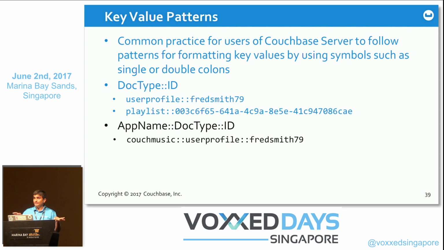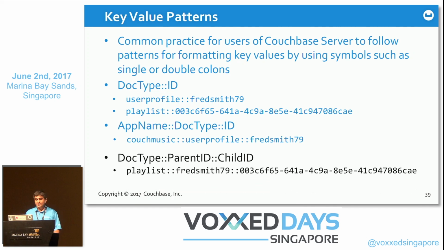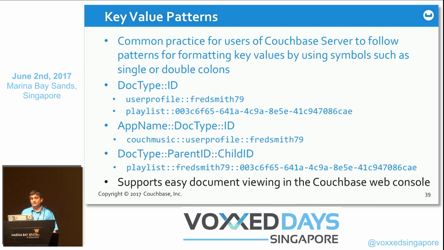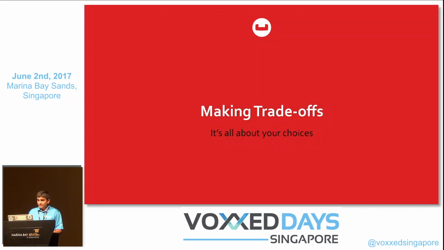If you have multiple tenants, you can say pizza:user profile:101, McDonald's:user profile:101. Two different tenants, user 101, same user ID but different tenants, so it gets accessed in a different way. That's quite possible. And a lot of times when you want to store the history of the document also, you can do a parent and child relationship. That's possible also.